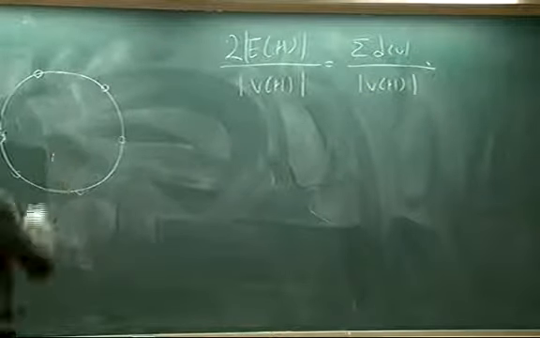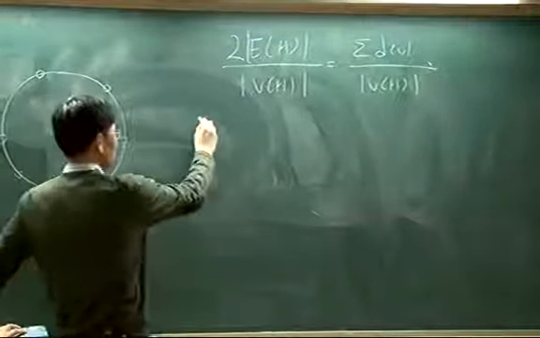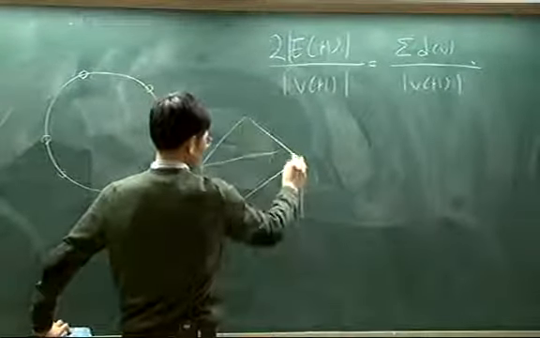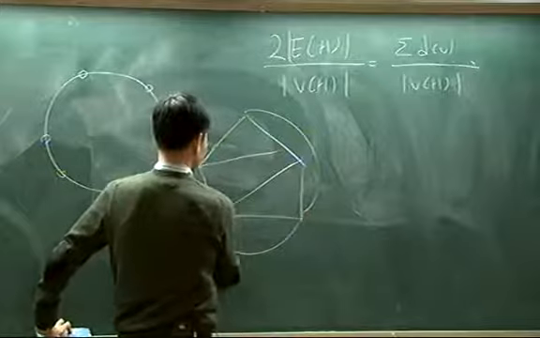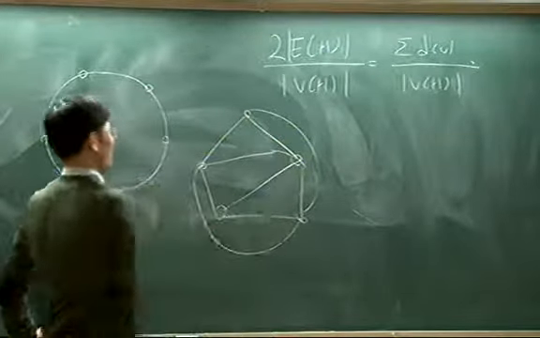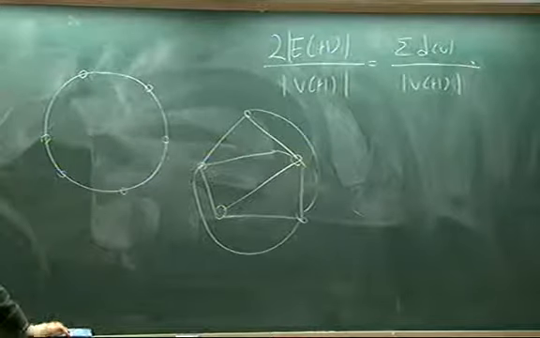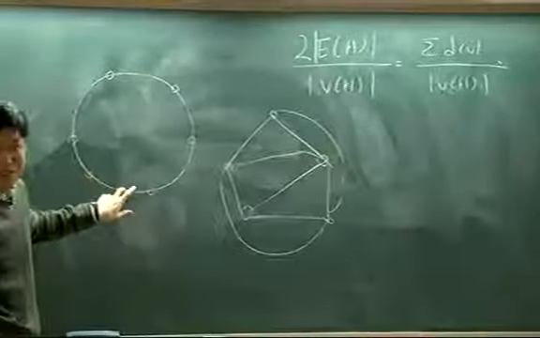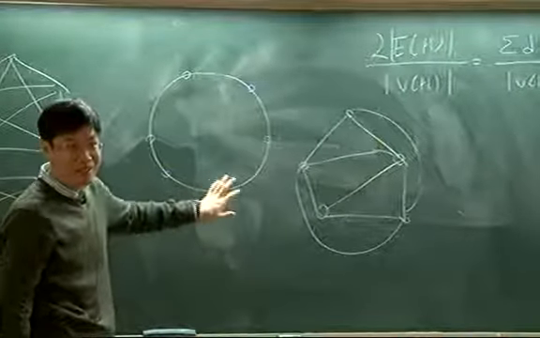So now you see this type of graph. Also, you can see this type of graph, which looks more complicated. And this one has a small average degree, right?